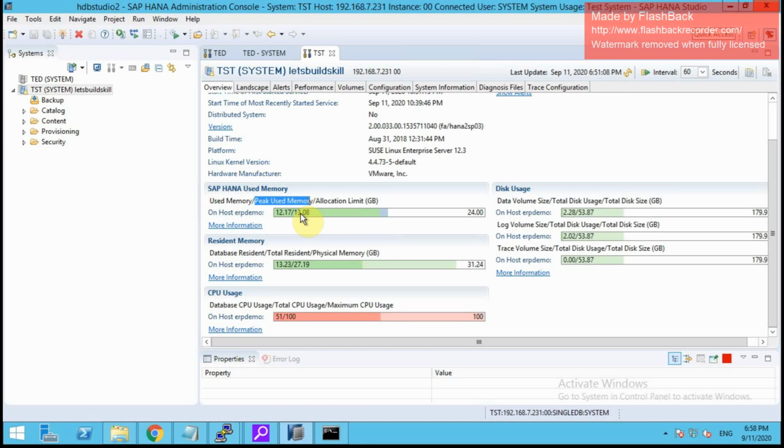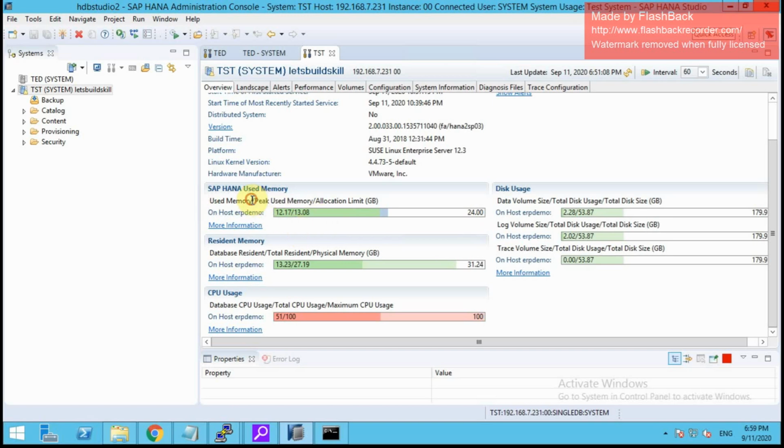So here my database has used a maximum of 13.08 GB of memory. This is the maximum amount of memory that has ever been used by your database in the past. But these statistics will be reset once you restart the database, and the counter will start again from 0.